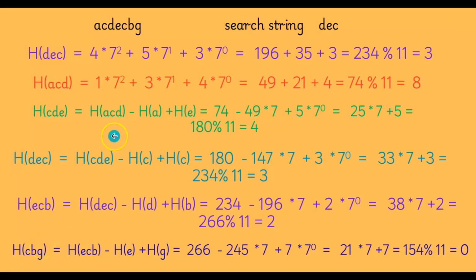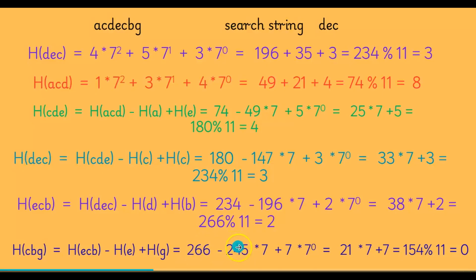Finally, we take the last three characters, CBG. Calculate the hash value of CBG from the hash value of the previous hash, that is ECB. Now remove the hash value of E and add the hash value of G. So what is the previous hash value? 266. In the previous case, E was in first place. So what is the number for E? 5. So 5 into 7 square, that is 5 into 49, 245.